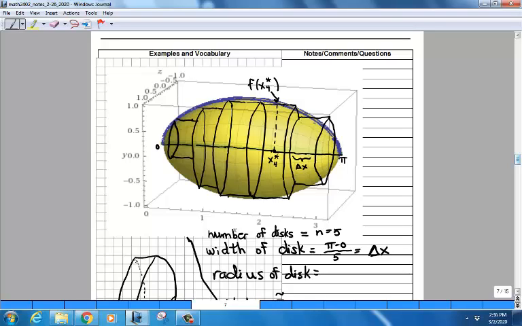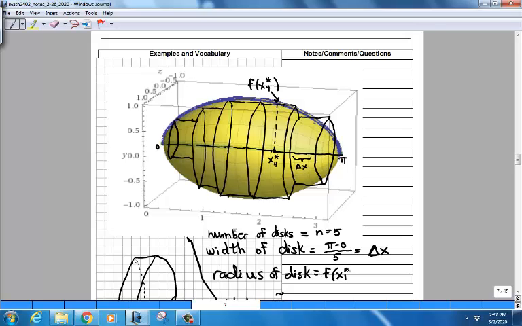Square root of sine of x. So the radius of this disk is going to be the square root of the sine of whatever value you choose here. In other words, in this case, f of x4. So the radius of a disk is f of whatever x value you pick.